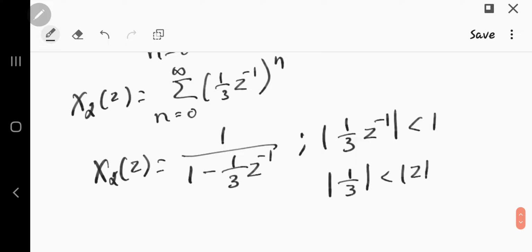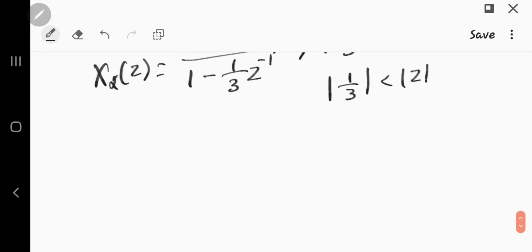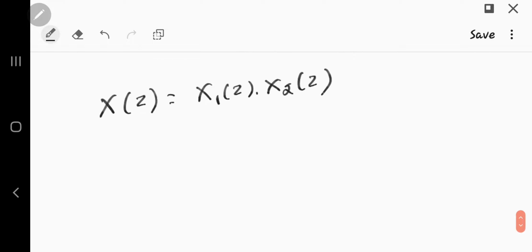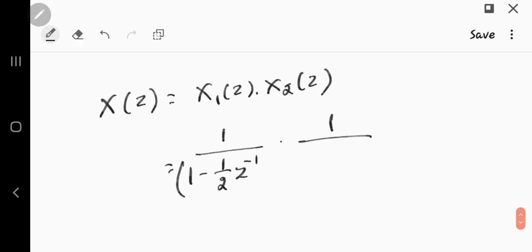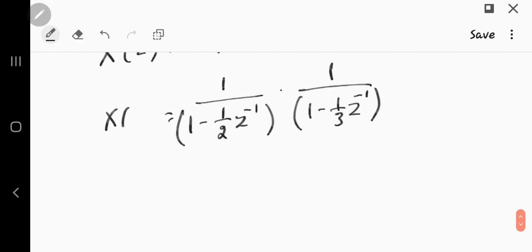Now based on this, coming to the final one, X(z) is nothing but X1(z) into X2(z). So that will leave us with 1 divided by 1 minus (1/2) z^-1 into 1 divided by 1 minus (1/3) z^-1. And what about the ROC?